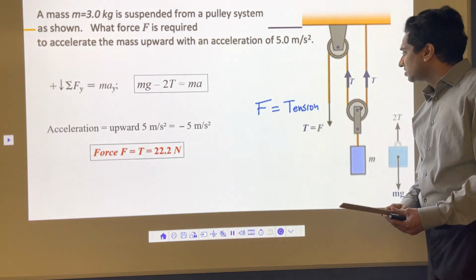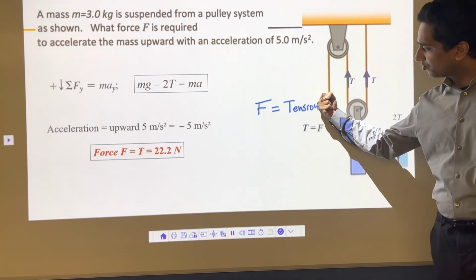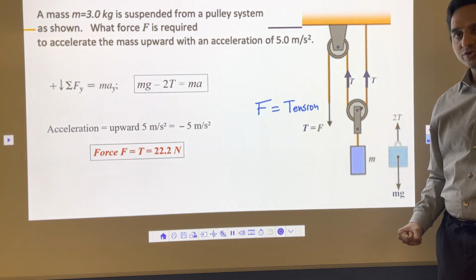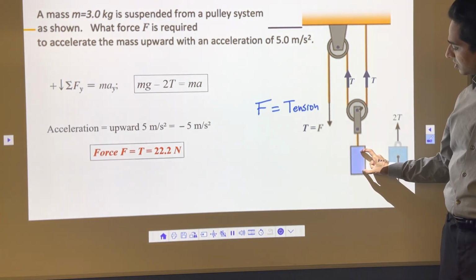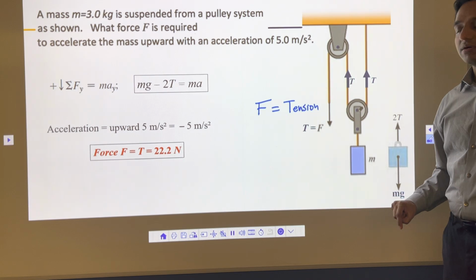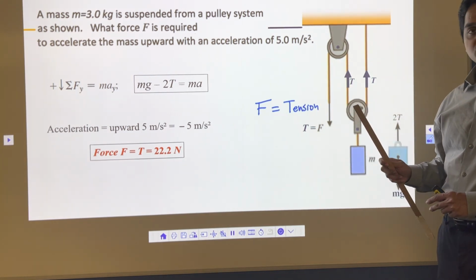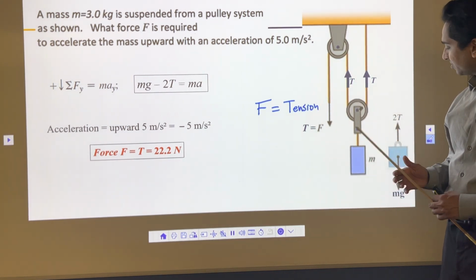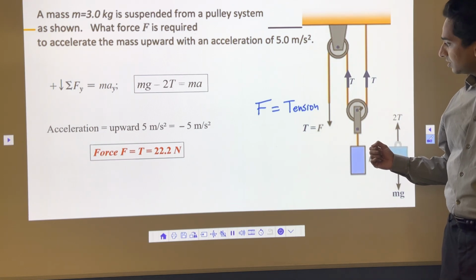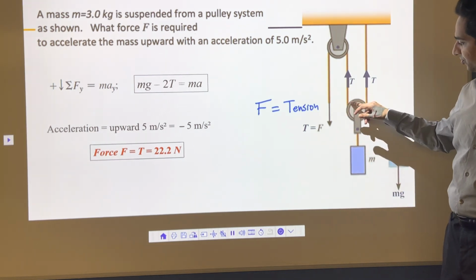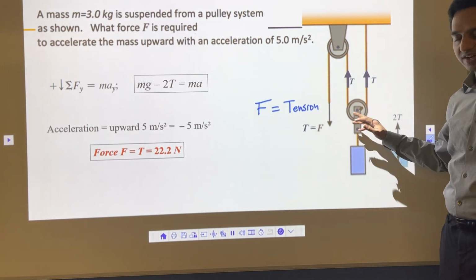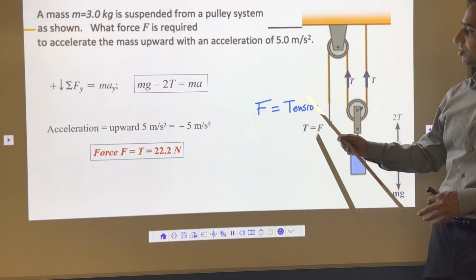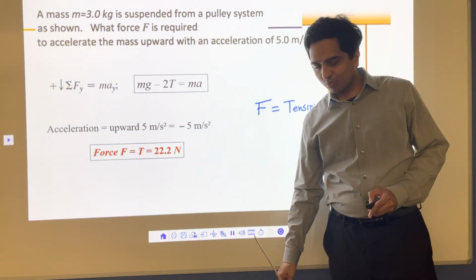It means that if you are going to pull this one with a force of 22.2 Newton, this one will move with 5 meter per second square. And that's pretty much it. Of course, we are going to assume that this pulley is weightless and frictionless and all that. If that's the case, you will get this answer, 22.2 Newton.